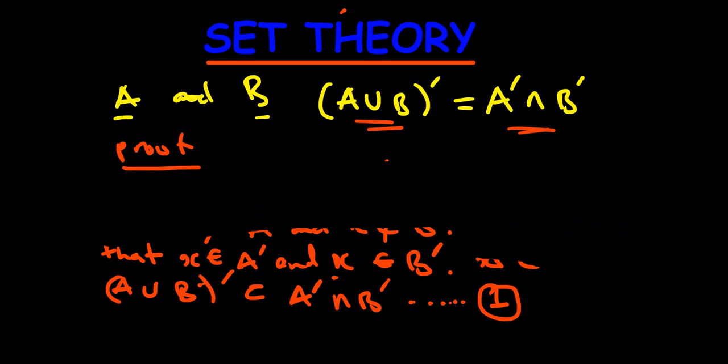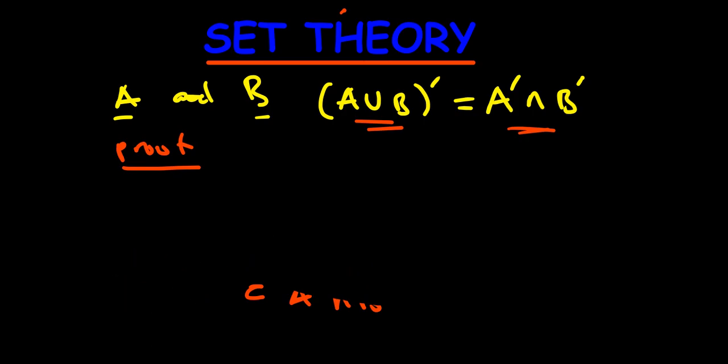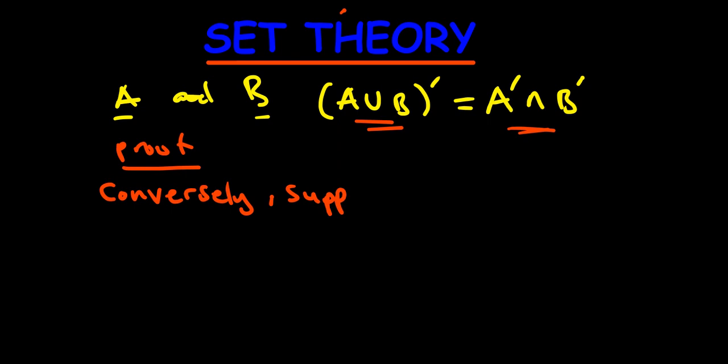That's when we know that sets are equal, when they're subsets in both ways. So conversely, you now come in with this word conversely, meaning when we do the reverse. Conversely, suppose that X is a member of A complement intersect B complement.